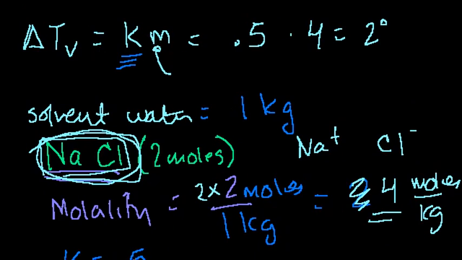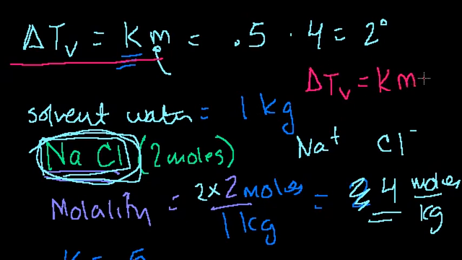In some textbooks, you'll see the same formula written like this: the change in boiling temperature is equal to K times m times i, where m is the molality of the compound you're talking about. In this case, this number would be 2.